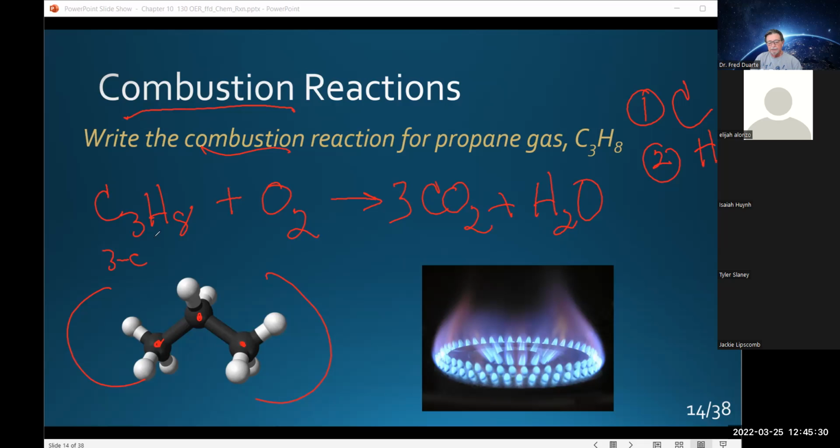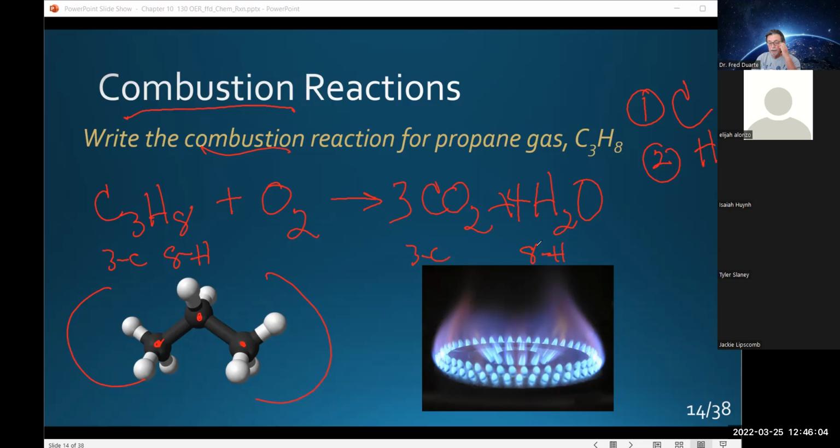Well, we look to the reactant side. We got 8 hydrogens in the reactant side. We go to the product side, there's only 2 hydrogens, and we need 8, okay? So we simply put a 4 in front of H2O. Okay, because every molecule of water has 2 hydrogens. So we just need 4 molecules of H2O to give us 8 hydrogens.